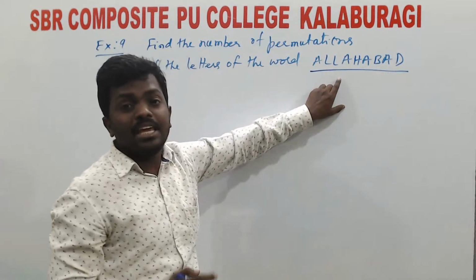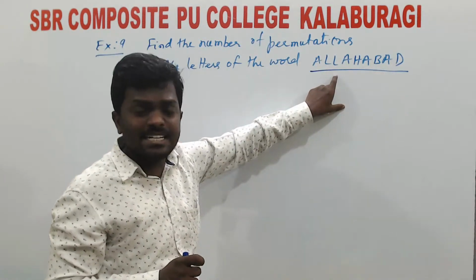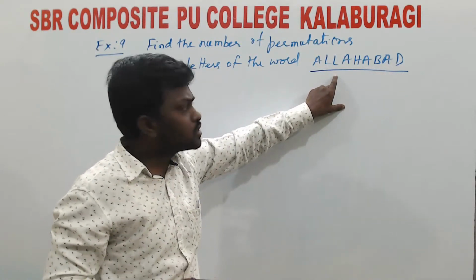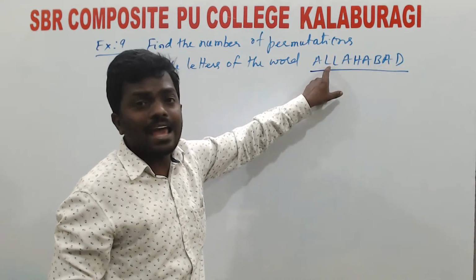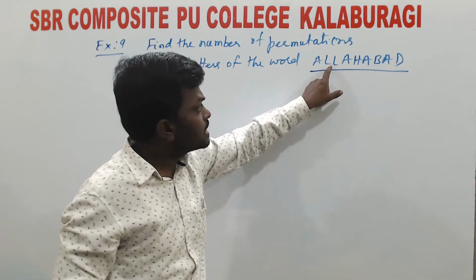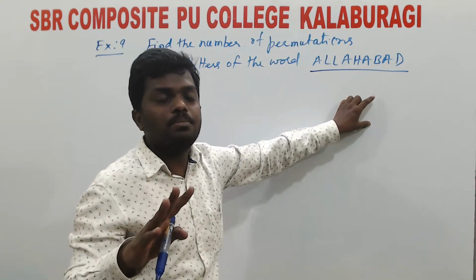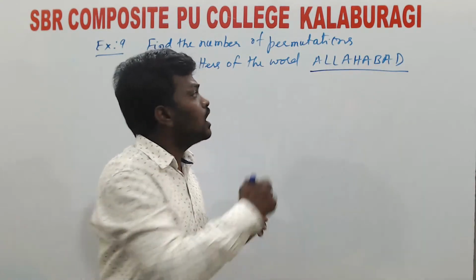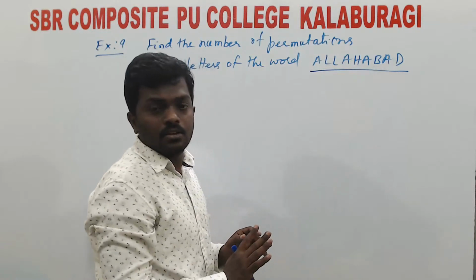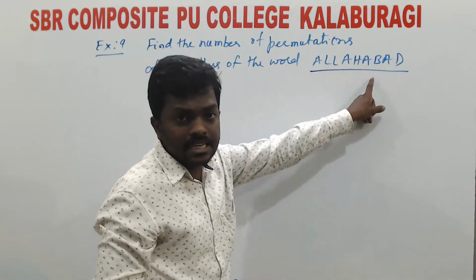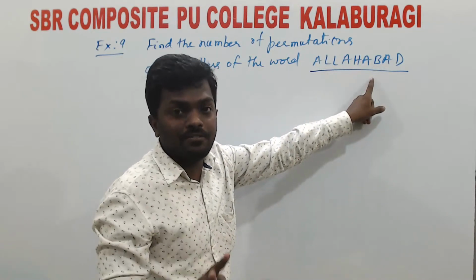So now tell me, does it contain distinct letters? No, students, because here L is appearing twice and A is appearing four times. So here all are not different. All the letters in the word Allahabad are not different.